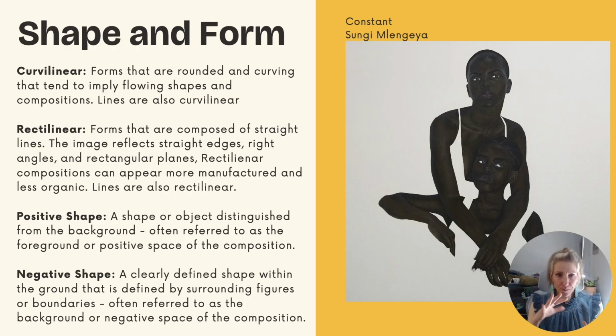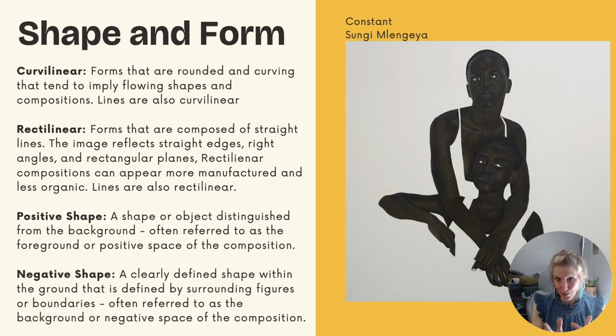Some other types of shape and form we'll discuss and explore this semester are curvilinear, rectilinear, positive, and negative. So if we think about curvilinear, we can think back to legato. So curvilinear forms are ones that are rounded and curving, that tend to imply flowing shapes and compositions.